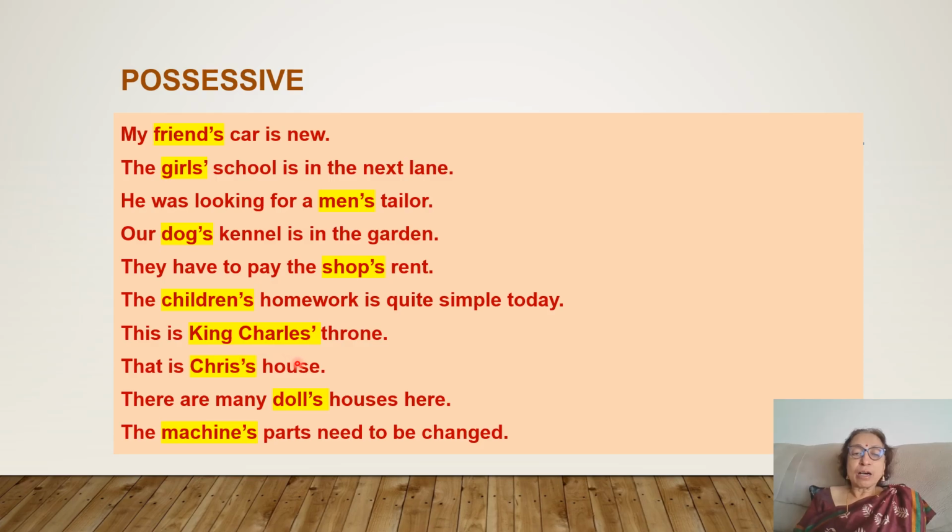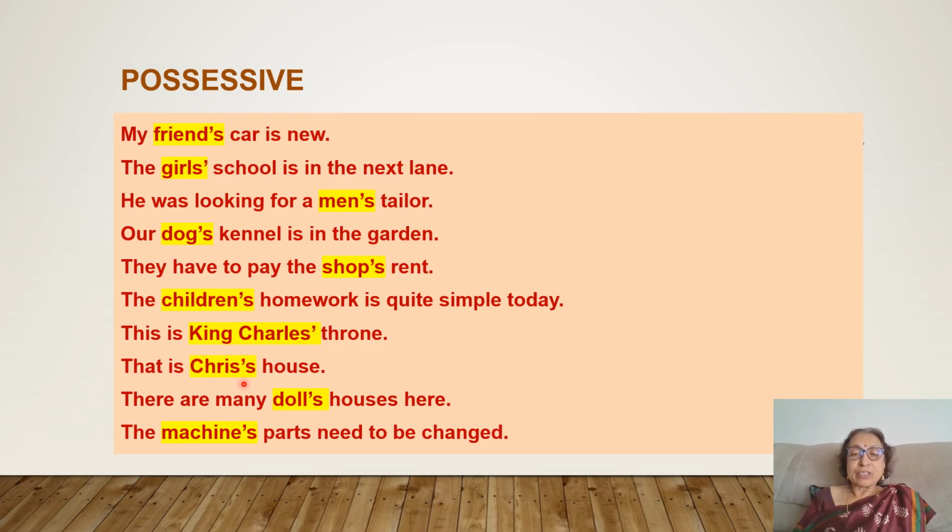This is King Charles's throne. So we have King Charles. The name ends in S and it is a two-syllable name. We will learn about syllables much more. Today, let me tell you, it has two vowels. Charles. So, Charles' throne. We don't put another S. But the same is there here.